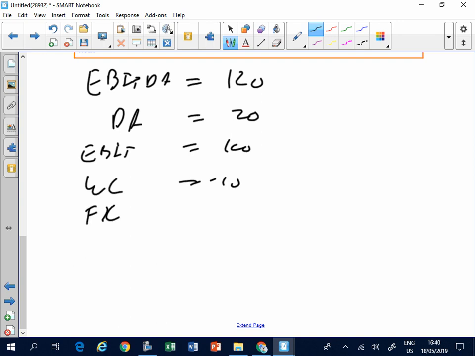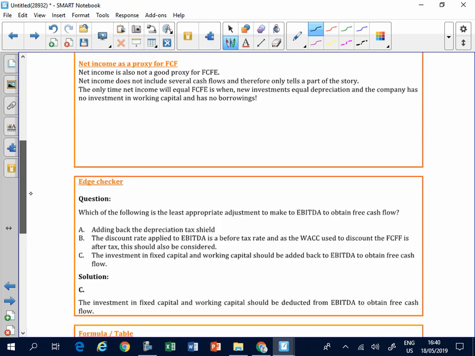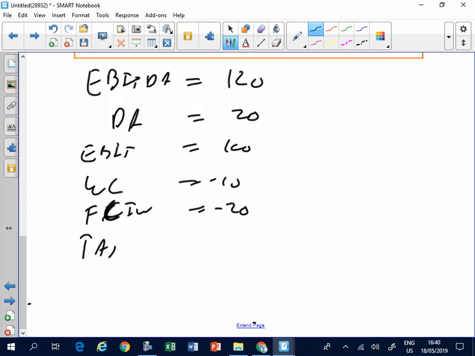Fixed capital investment is equal to, let's call it, 20. Tax is equal to, let's call it, 20%. And your interest is equal to, let's call it, 10.